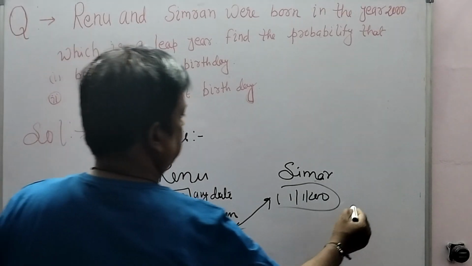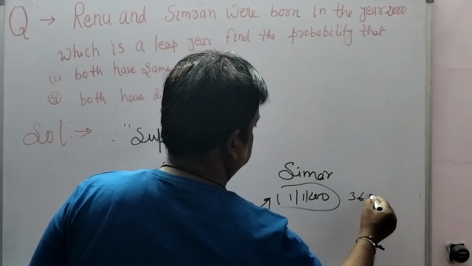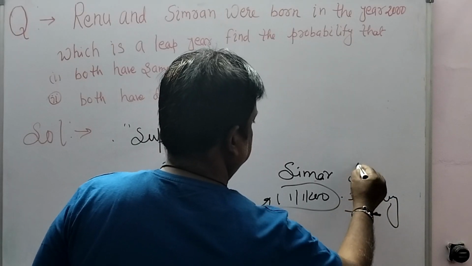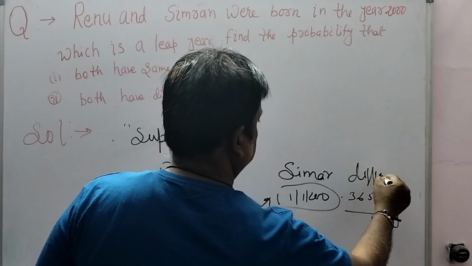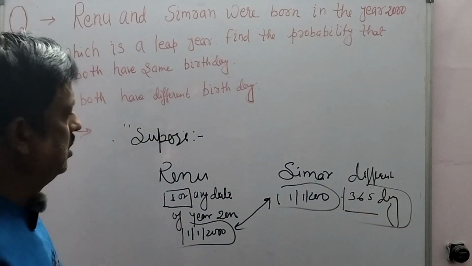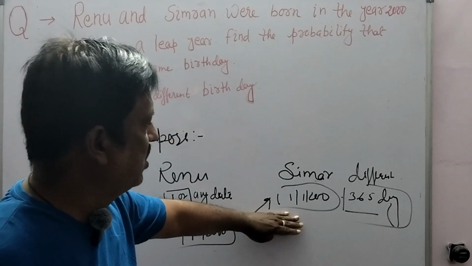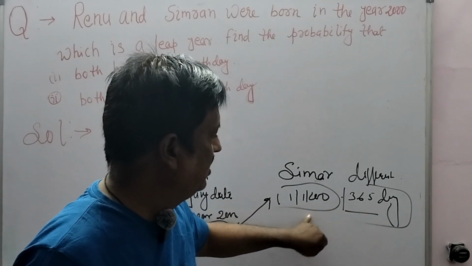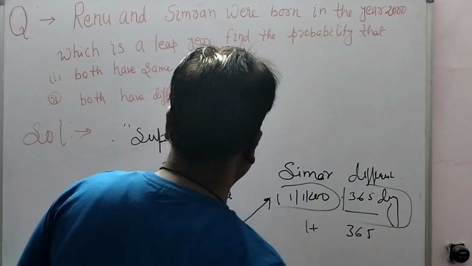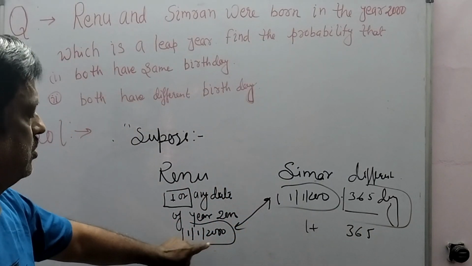All other dates are different, 365 days. So total outcomes is 1 plus the other 365 days.